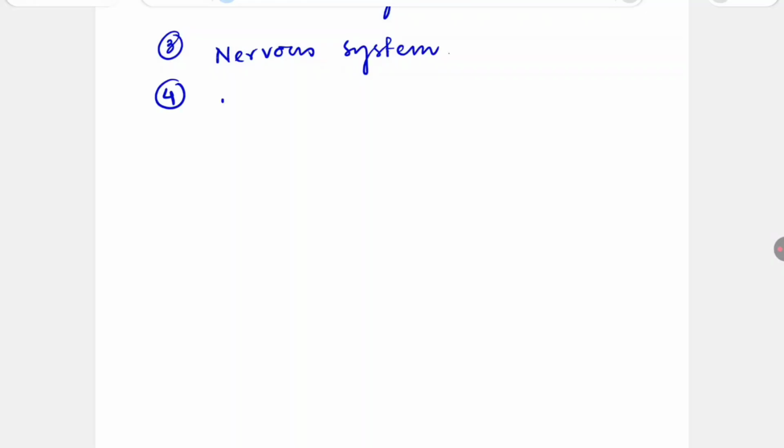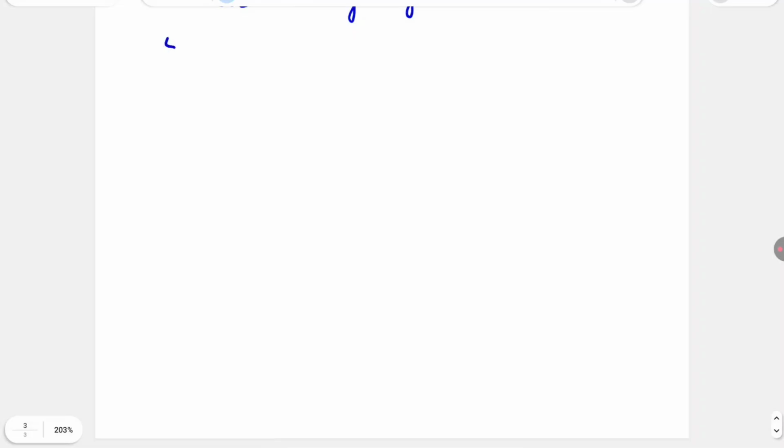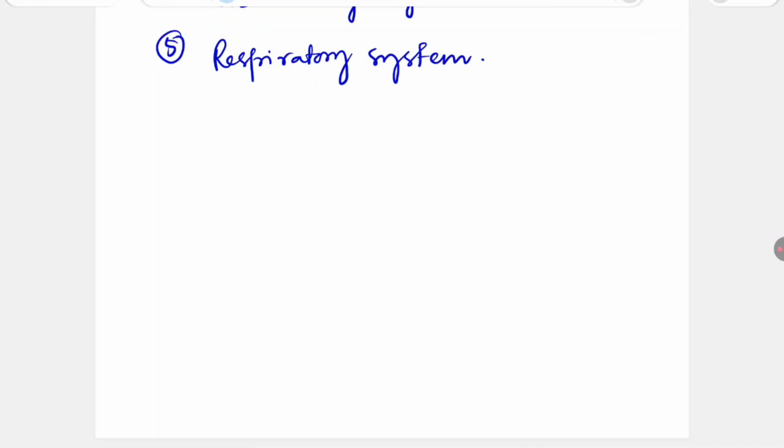Fourth one is circulatory system. Fifth one is respiratory system. Sixth one is digestive system.